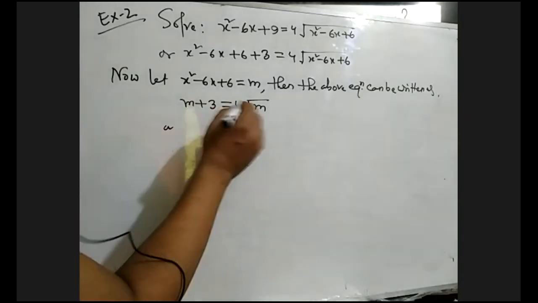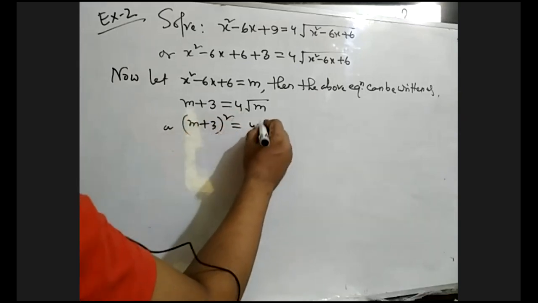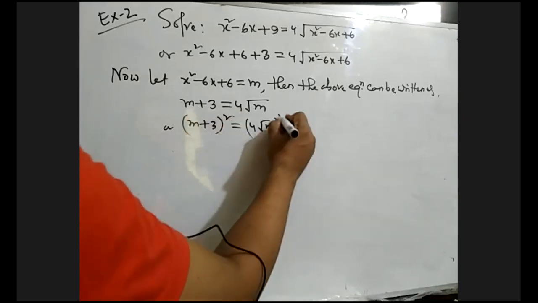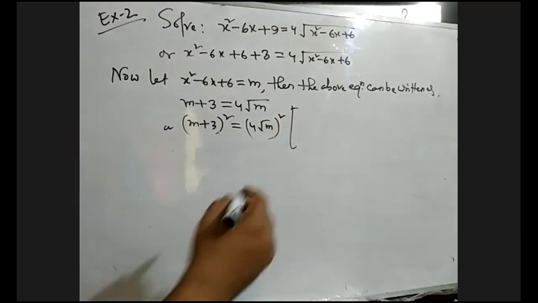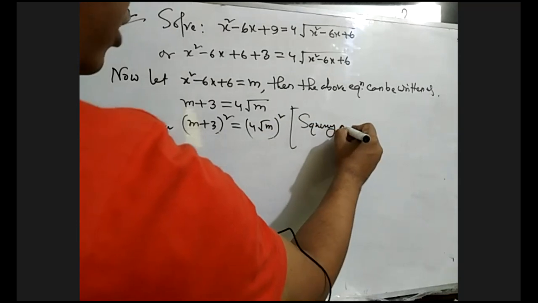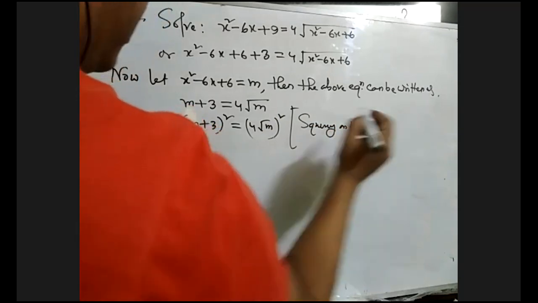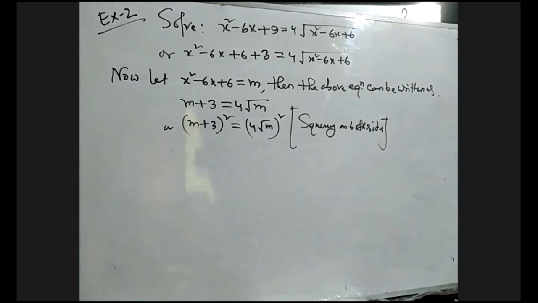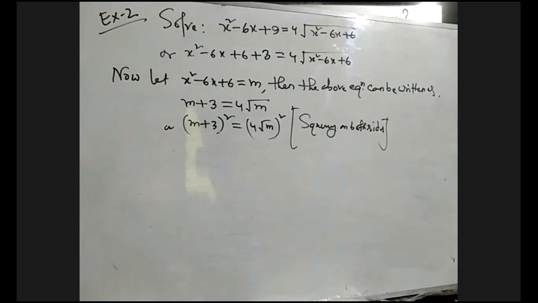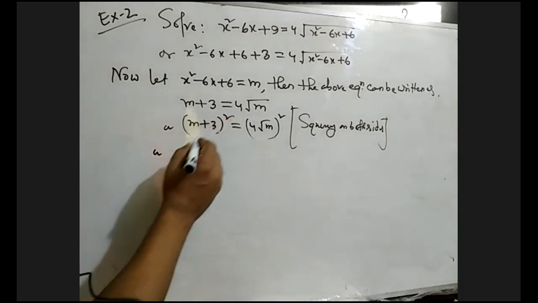Now squaring on both sides, we get m plus 3 whole square.